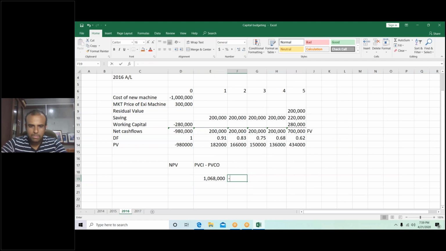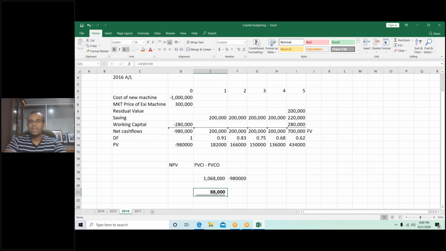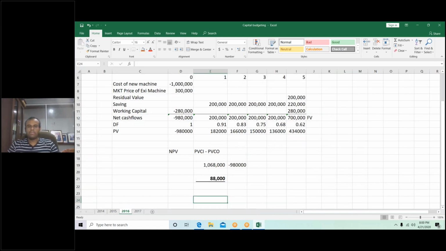This minus present value of the cash outflows, which is 980,000. Clear now? Then the net present value is 88,000. Net present value of the project is 88,000.